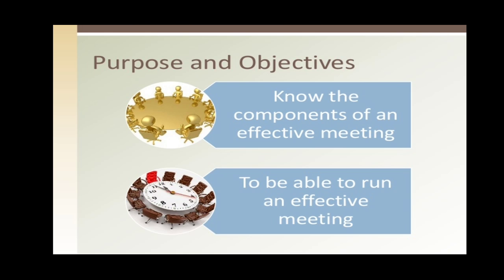The next one is to be able to run the time in the meeting. So you must know how to run the time of the meeting, when to start and when to stop. All these things you have to learn. So these are the purpose and objectives of running effective meetings in this video lecture.